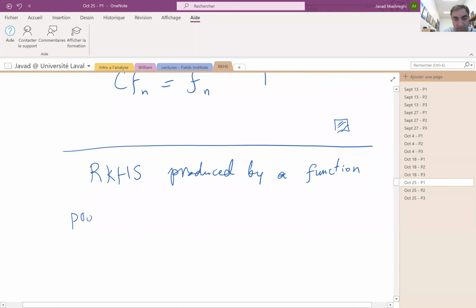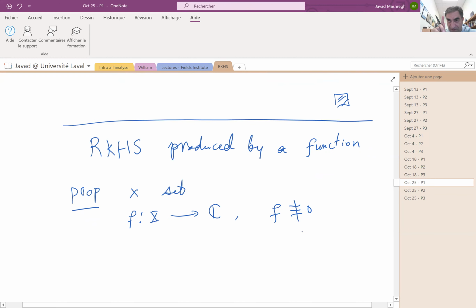So, proposition: X is a set, and f is any function on X with its value in C, f not identically equal to 0, just a non-zero function. Even it might be non-zero at one single point and 0 everywhere else.